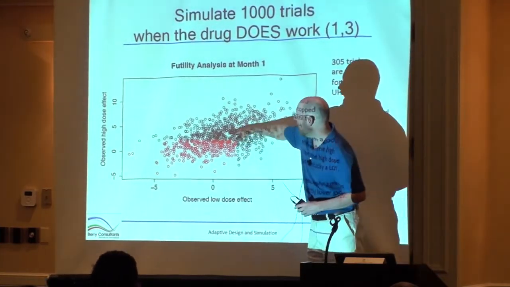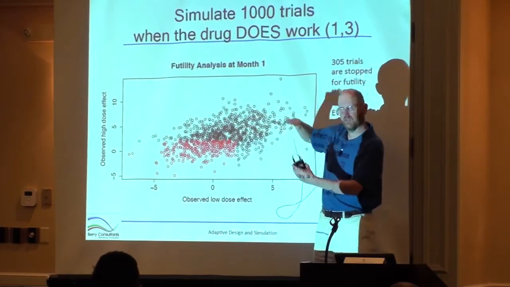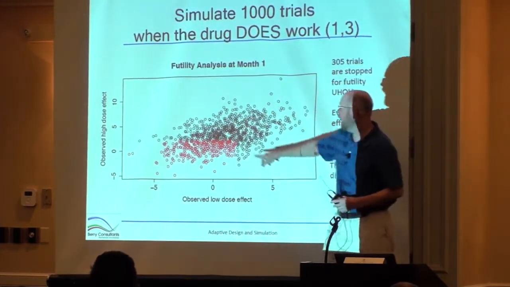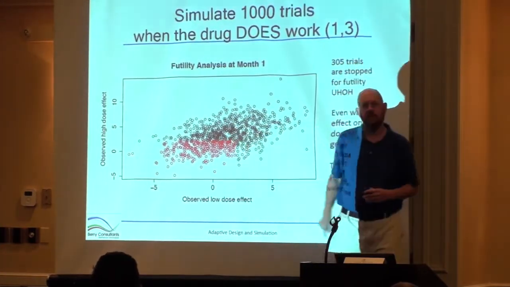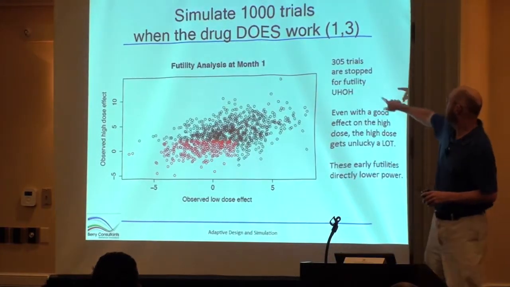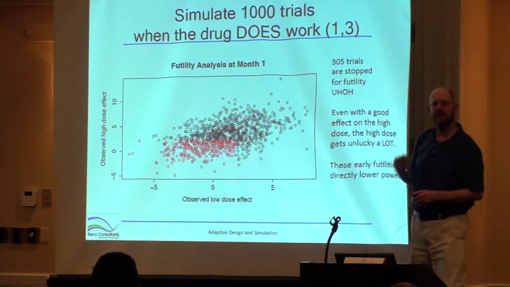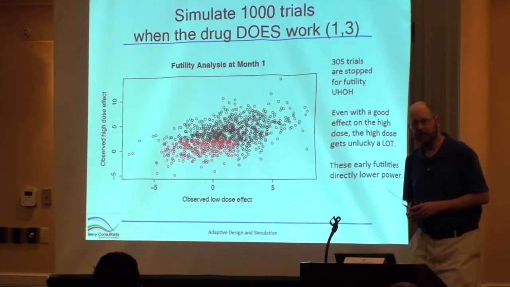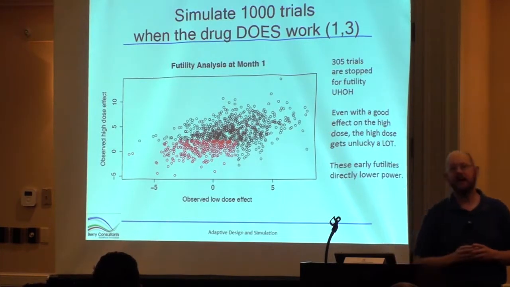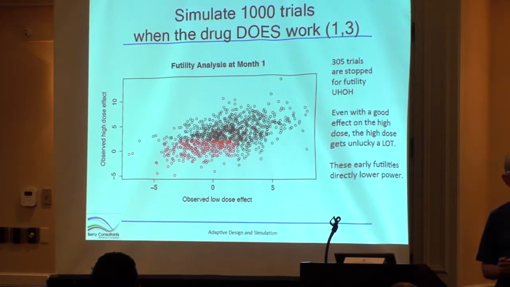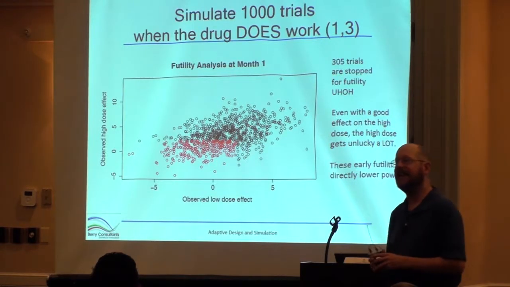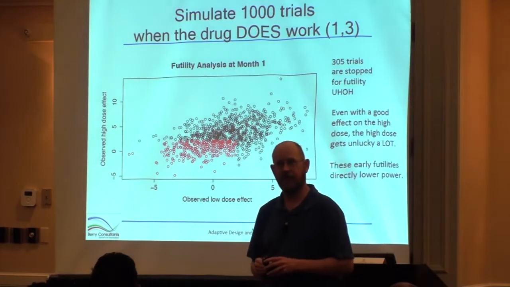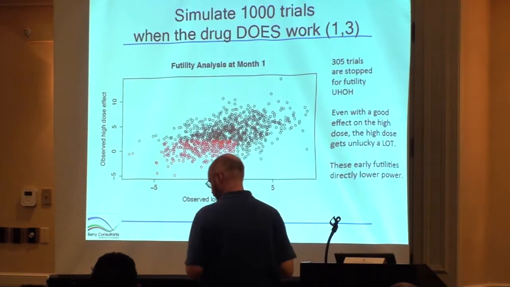The high dose averages at 3, but with a lot of variability. So how many of these do I actually kill? I kill about 31% of these trials. So that means that I am mistakenly stopping 31% of trials when the drug actually works. That's getting out of a lot of trials that would be otherwise effective.